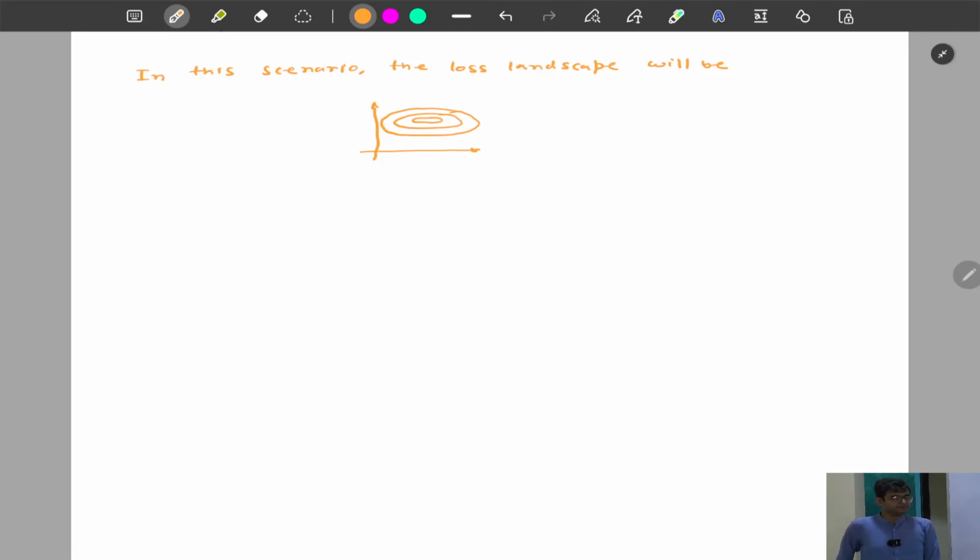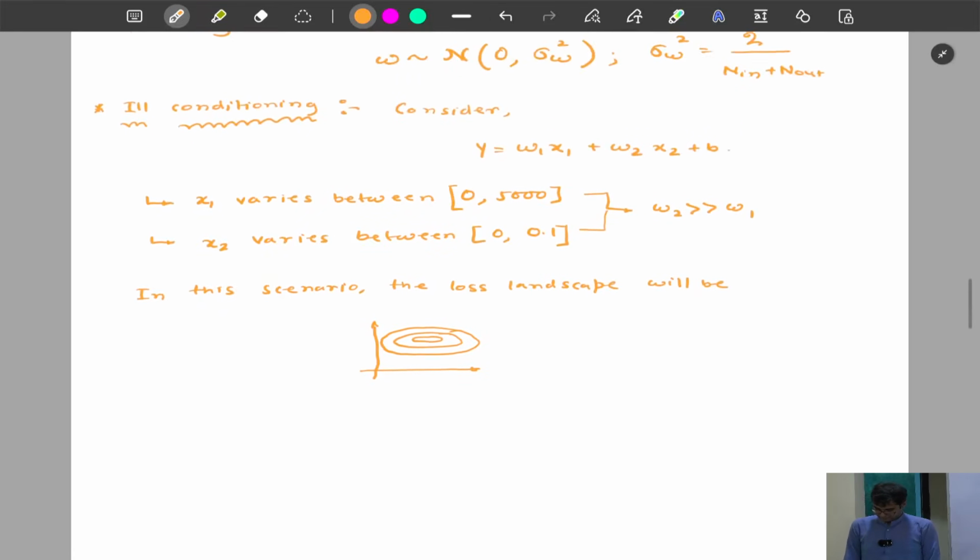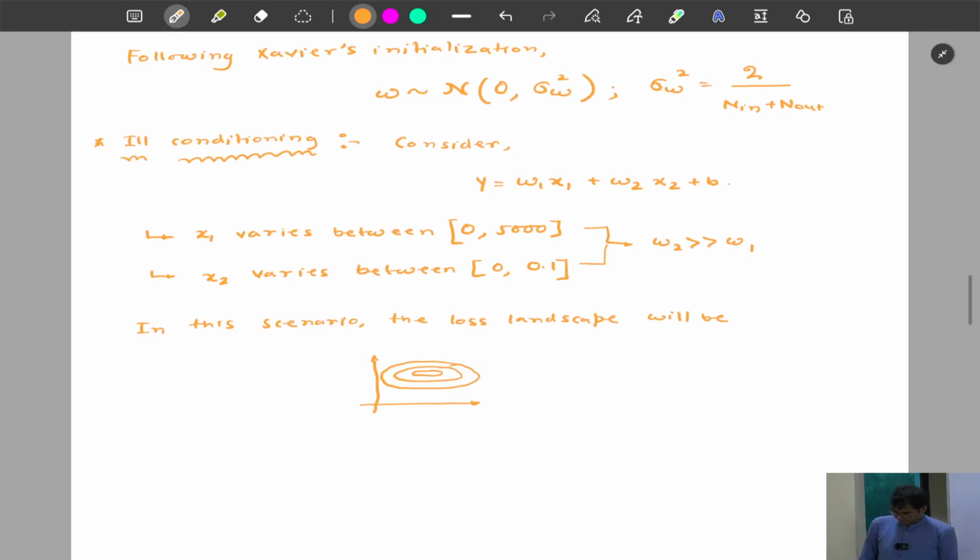The loss landscape will be something like this, where the gradient with respect to W1 will be quite high, whereas the gradient with respect to W2 will be quite low, right?